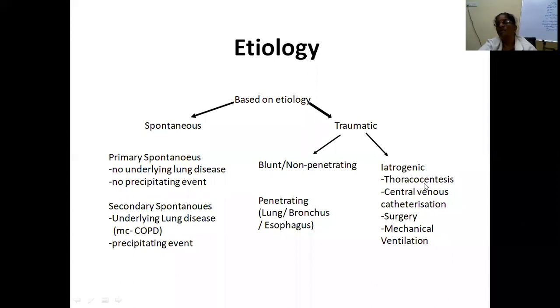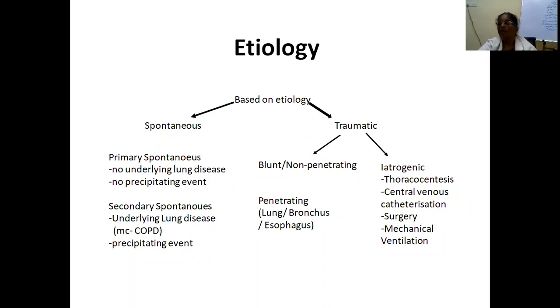If you do a thoracocentesis procedure not in a proper way, then there is a loose connection, and we will be introducing air into the pleural cavity. Similarly, central venous catheterization. When a patient has hypotension, or when there is any requirement for dialysis, we introduce a central venous catheter, and during that procedure you may cause pneumothorax.